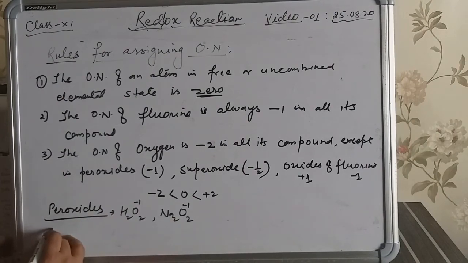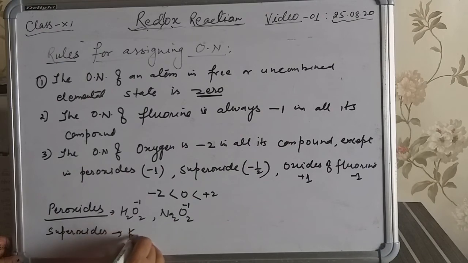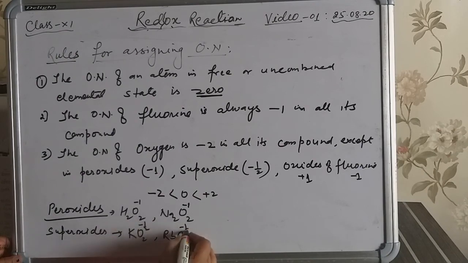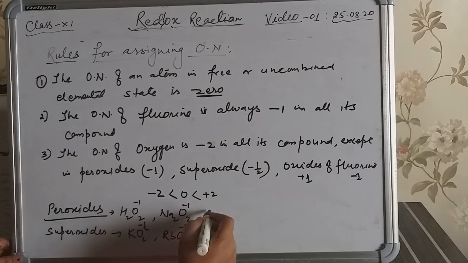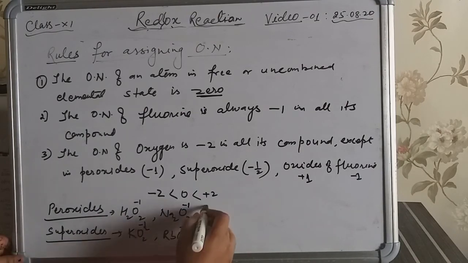In the case of superoxides, such as potassium superoxide and rubidium superoxide, a -1/2 oxidation state is assigned to oxygen.